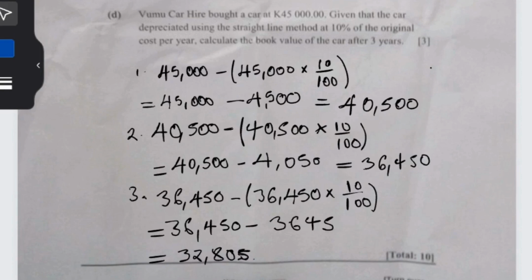Next, we have D. It says Vimu Car Hire bought a car at 45,000. Given that the car depreciated using the straight line method at 10% of the original cost per year, calculate the book value of the car after 3 years. So you can use the formulas that you learned in class, but this problem I just solved from the understanding of the question. So the question says this person bought a car at 45,000 and it depreciated at 10% every year.